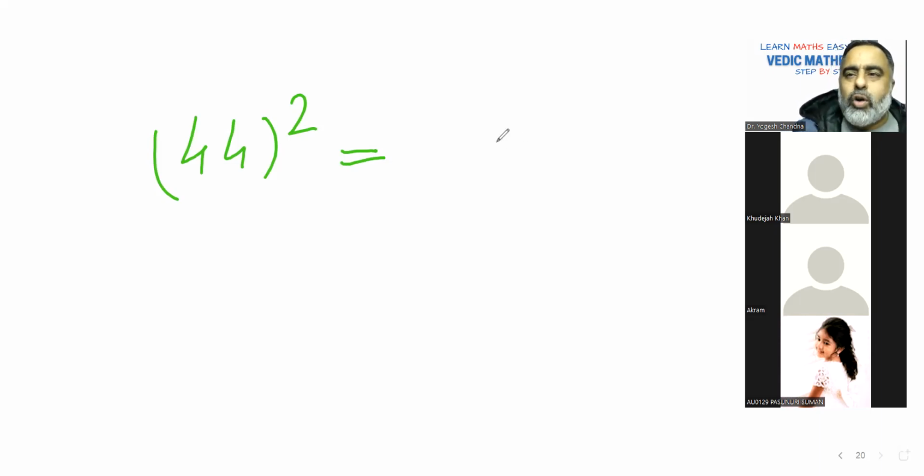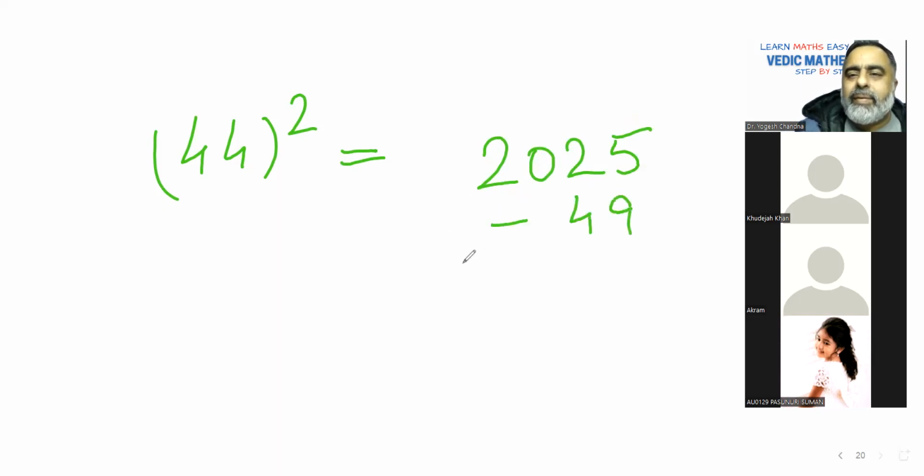Okay, so 45 square was 2025, and here it becomes 49. We have to subtract. 89, sir, sorry, 89. Now one thing we can do: we always get 6 here. This you can remember, otherwise all the other things remain the same.